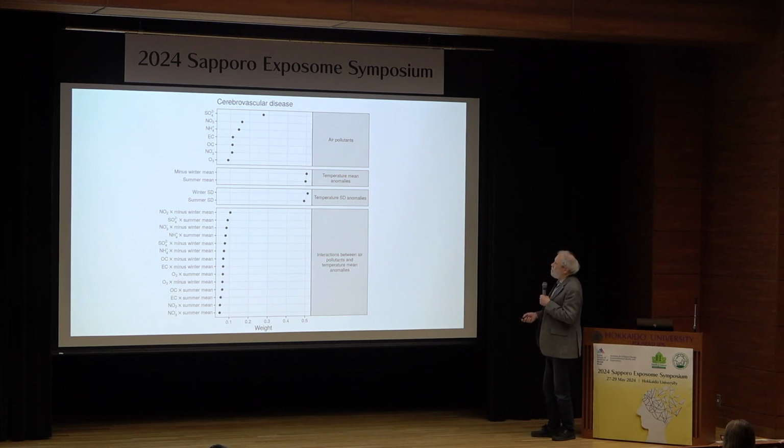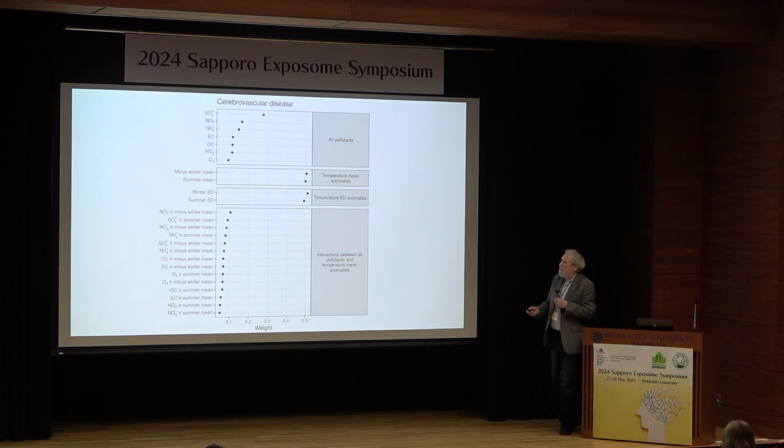And cerebrovascular disease, pretty much the same story in terms of the air pollutants and the temperatures. For the interactions, all of a sudden, NO2 and sulfate interacting with temperature seemed a little more important, but everything was sort of similar.